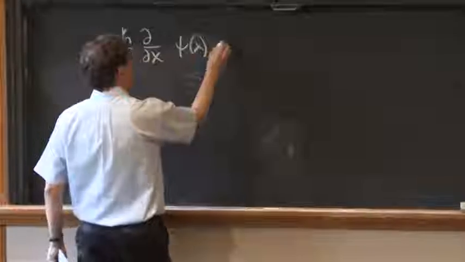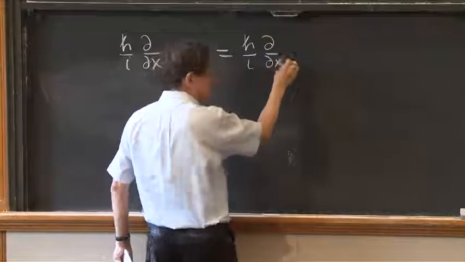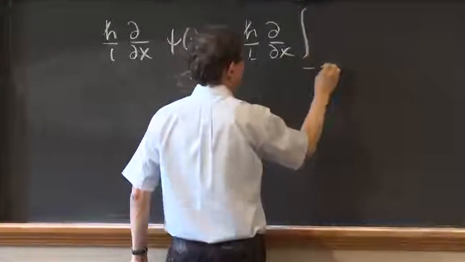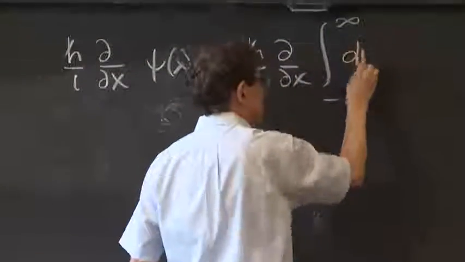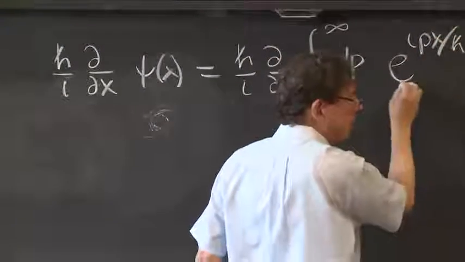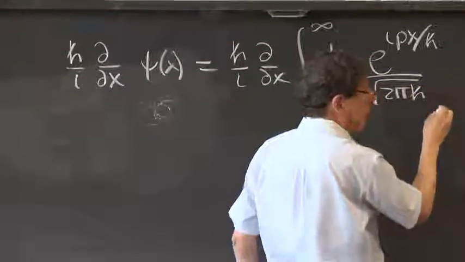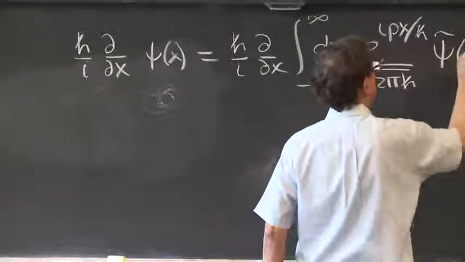So that is equal to h bar over i d/dx, and I'll write what psi of x is: the integral from minus infinity to infinity dp e to the ipx over h bar over square root of 2 pi h bar, psi tilde of p.